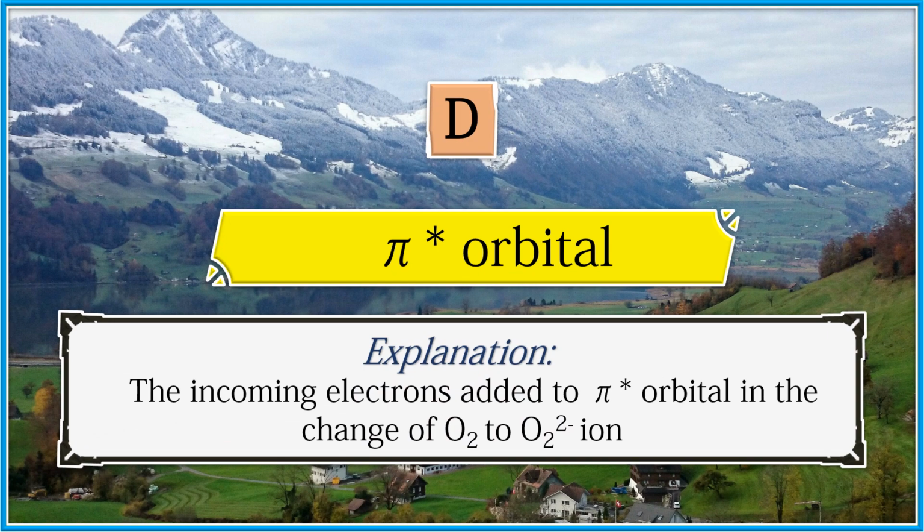The answer is pi star orbital. The incoming electrons add to the pi star orbital in the change of O2 to O2 2- ion.